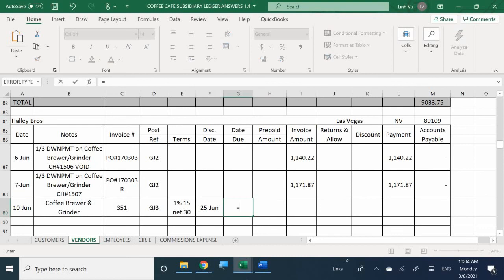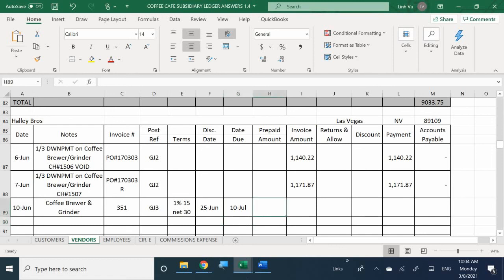And then lastly, what is going to be my actual due date? July 10th. Yes, exactly 30 days, right? Because there's only exactly 30 days in June. So, okay. So now that we have that, do we have a prepaid account amount? Yes, we do.